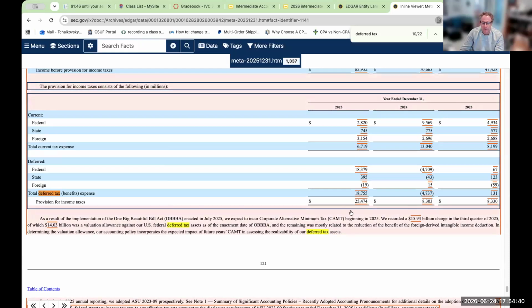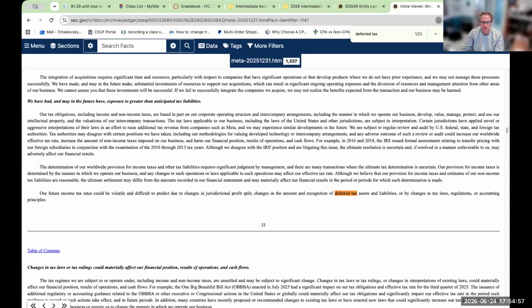And right over here, you see that's the One Big Beautiful Bill Act, enacted in July 2025. We expect to incur corporate alternative minimum tax beginning in 2025. And so you can see that they're going out and deferring some of these different parts.